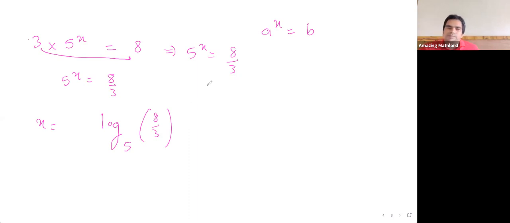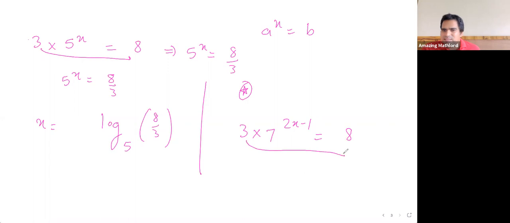Also, let's take some more examples. Sometimes you will have something like this: 3 times 7 to the power 2x minus 1 equals, let's say, 8. And you have to solve for x. In this case, we first take 3 to the other side. So it'll be 7 to the power 2x minus 1 equals 8 over 3. And then 2x minus 1 equals log of 8 over 3 to the base 7.